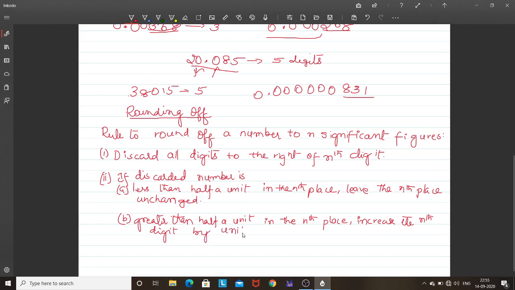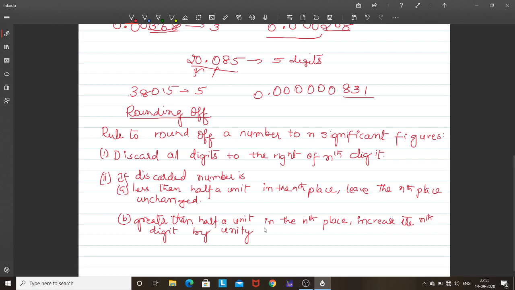If it is more than half a unit in the nth place, we have to increase the digit in the nth position by unity. That means you have to add 1 to the digit in the nth place.